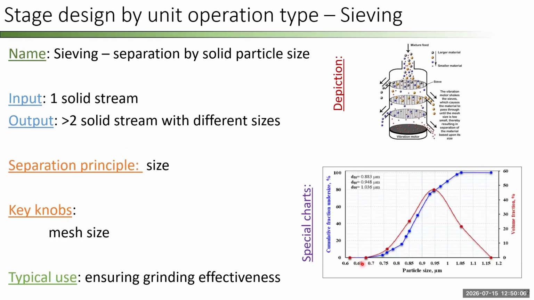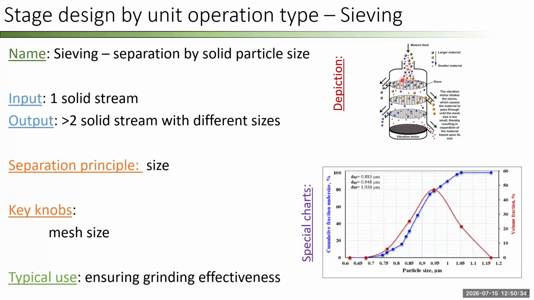Because of this, because there exists this particle size distribution, even after grinding, we often want to take those ground particles and sieve them, right? So in sieving, we're going to separate our particles by size. So we take this mixture of particles that come in, and I have a sieve, which is essentially a mesh of different sized squares.